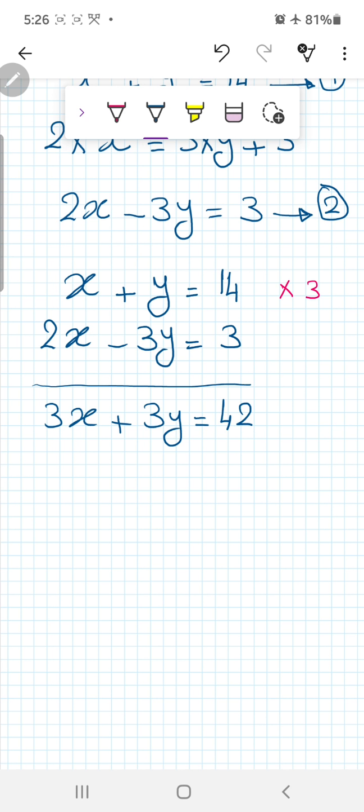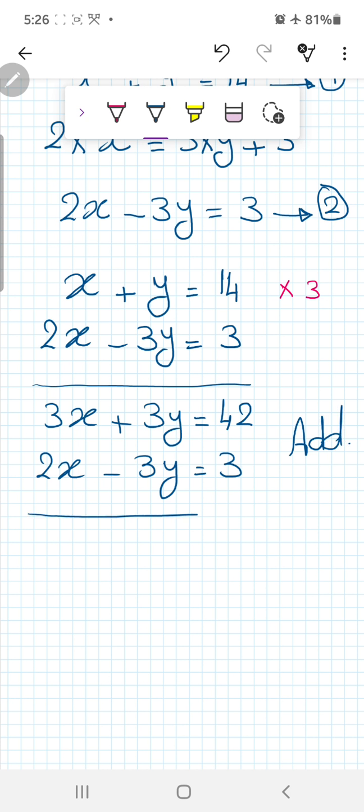And the second equation, write as it is. And make it addition. 3x plus 2x will be 5x. Positive 3y and negative 3y cancel together, it will be 0. 42 plus 3 will be 45.